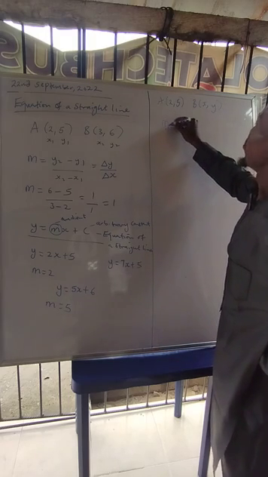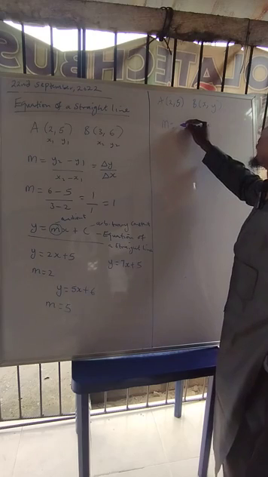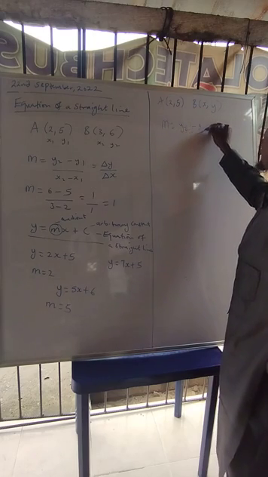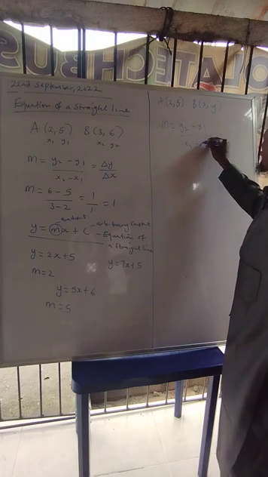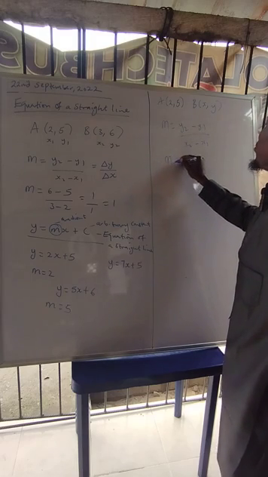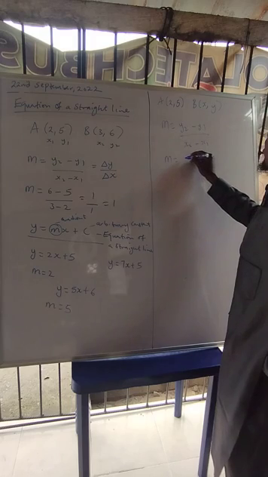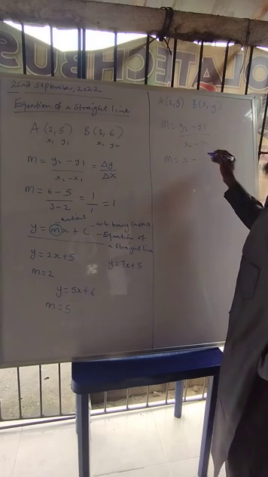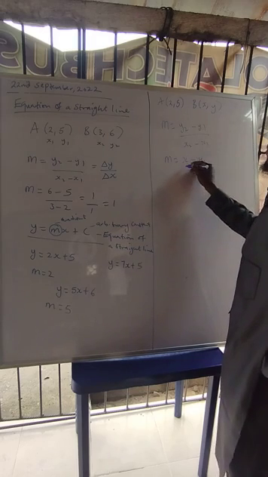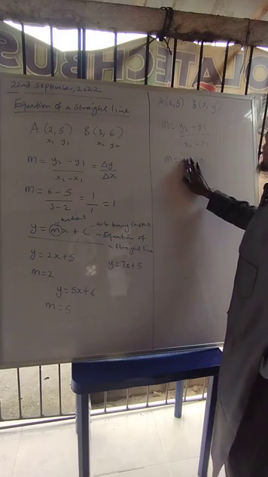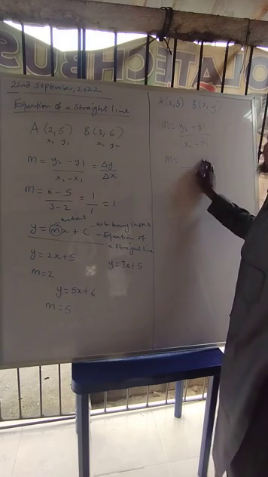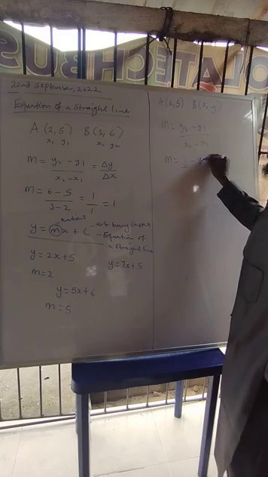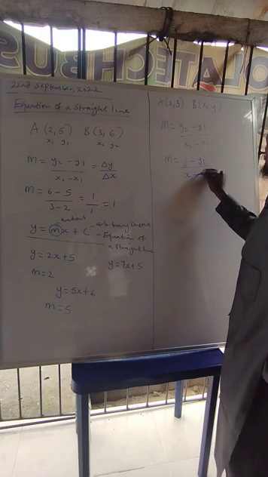Since m is equal to y2 minus y1 over x2 minus x1, then the gradient will become y minus y1 over x minus x1.